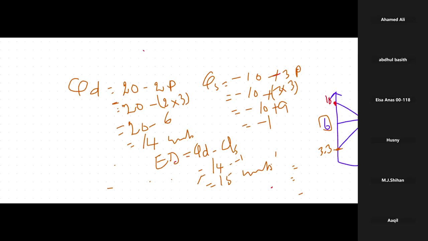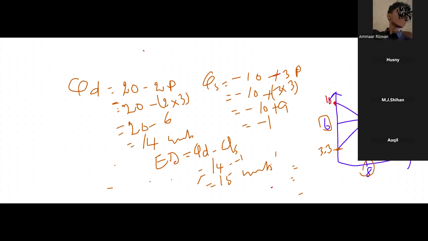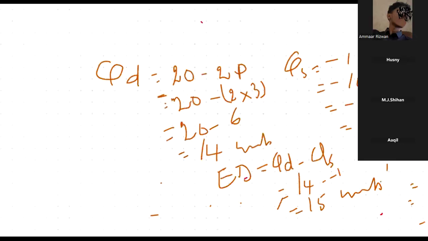That's the third question. Calculate the consumer surplus, producer surplus, and economic surplus at equilibrium. That question is already done, no? Yes, we have done, right?